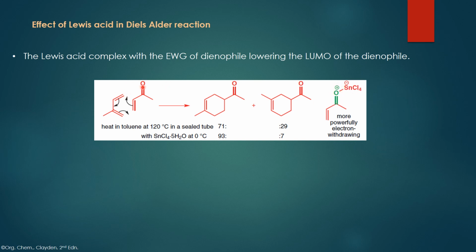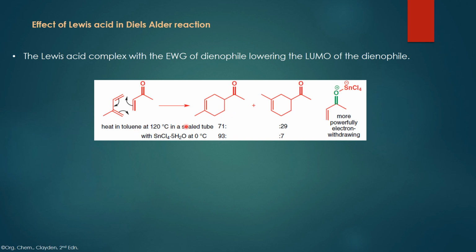By the introduction of this Lewis acid, the substituent becomes more powerfully electron withdrawing, and thereby the LUMO of this alkene, that is the pi star orbital, decreases in energy. While due to the introduction of this electron releasing methyl group, the HOMO of this diene increases, thereby the energy gap decreases.